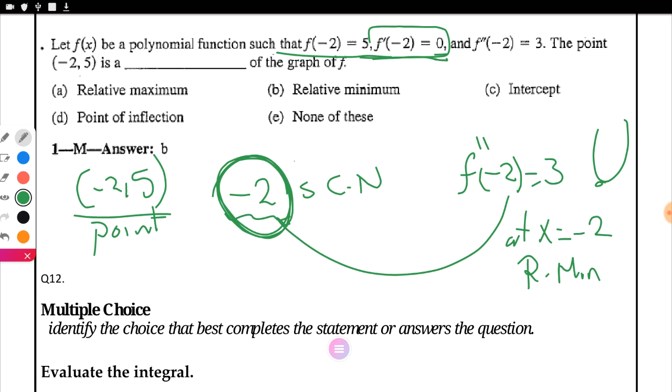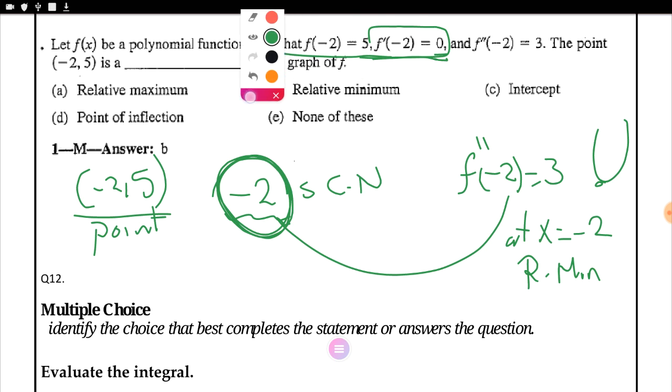So here, since all of the choices talk about the extrema, in this case negative 2 and 5, the ordered pair or the coordinate of this point represents what? Relative minimum of the function. That is why our choice is what?